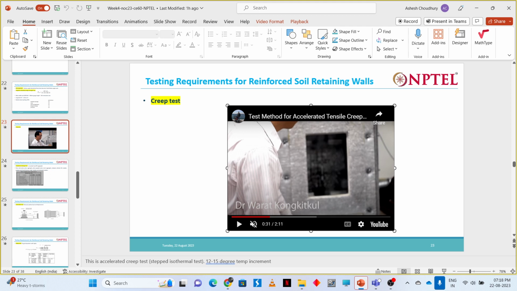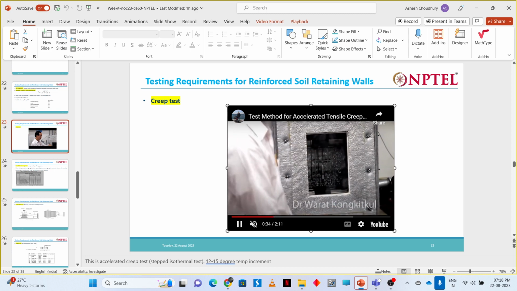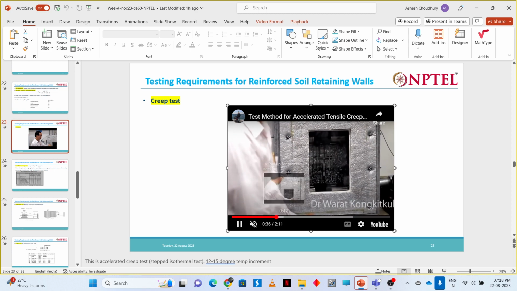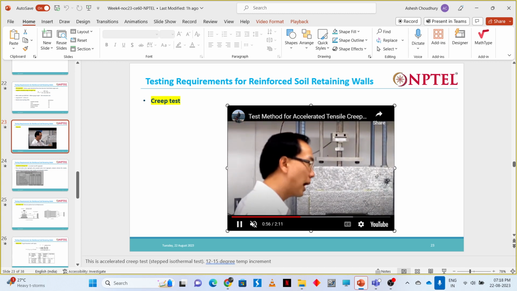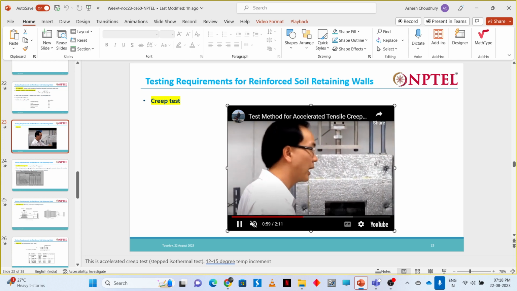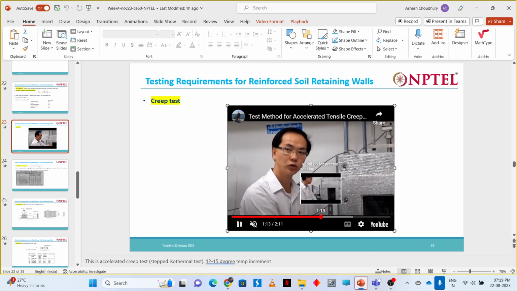Generally you know that creep tests take a long time, many years, and we generally do not have that much time to do the test. So in order to accelerate the test, we do it at various temperatures. Inside this closed chamber, which is heat controlled, a tensile load is applied at the top, and the LVDT measures the displacement.